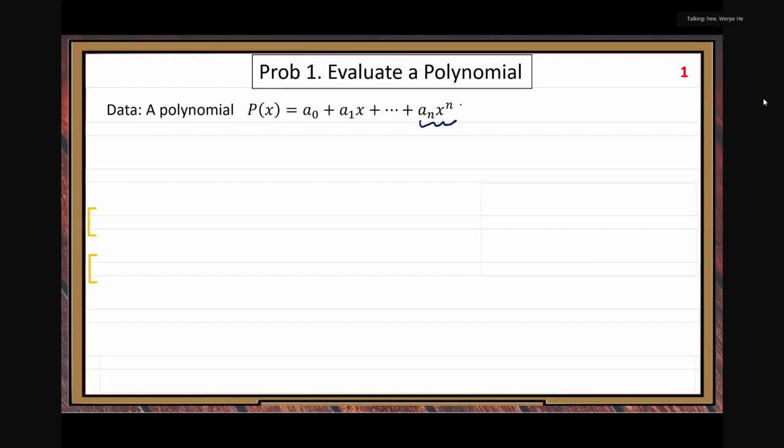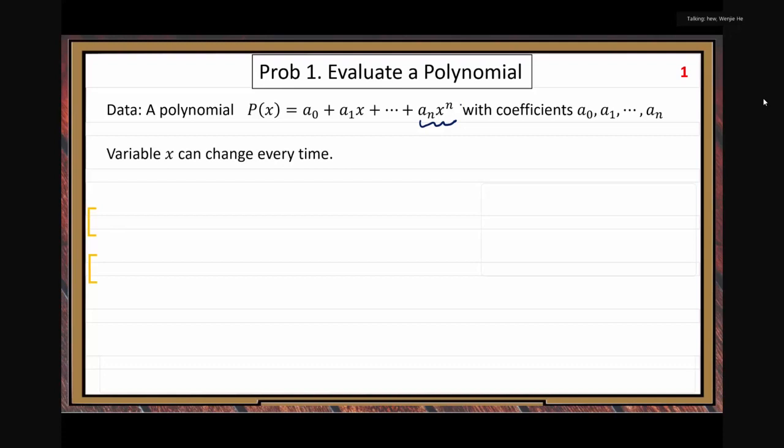So the degree is n, with coefficients. Here we assume the coefficients are real numbers. So in computer science, let's assume floating point numbers, or doubles.